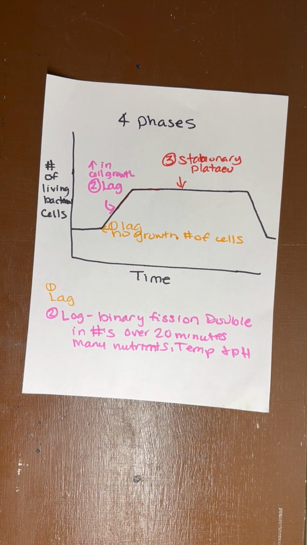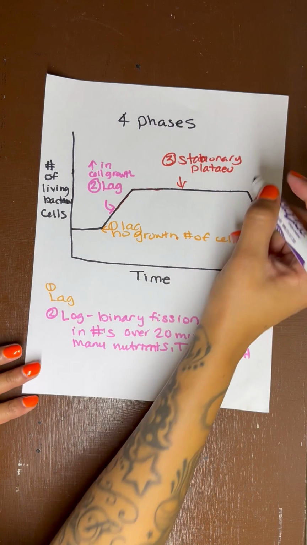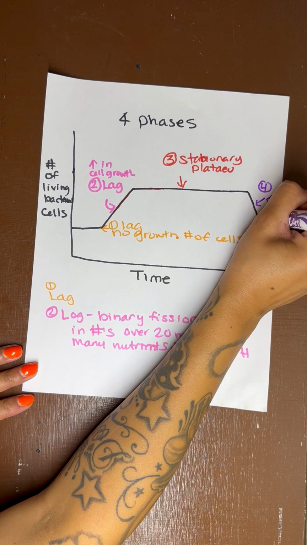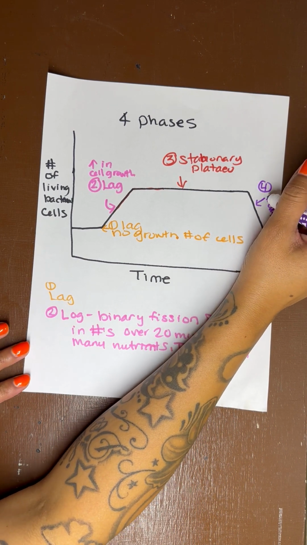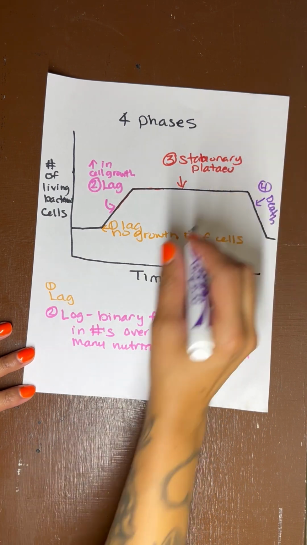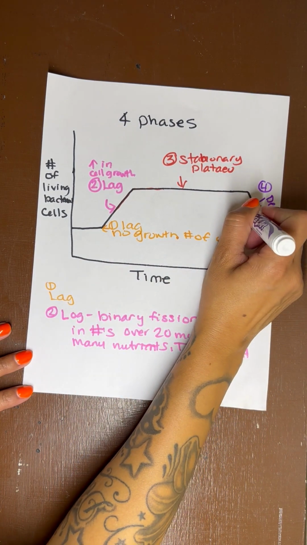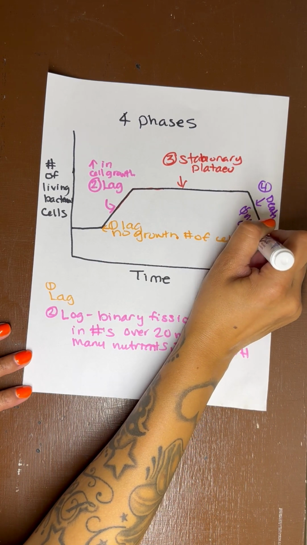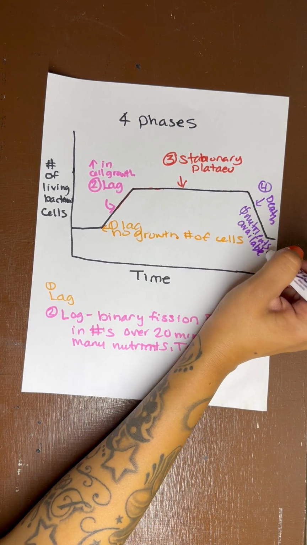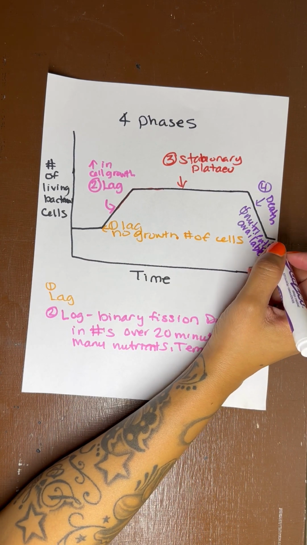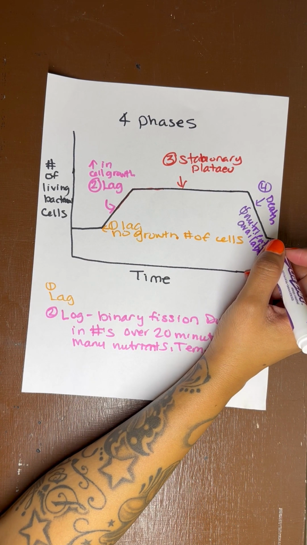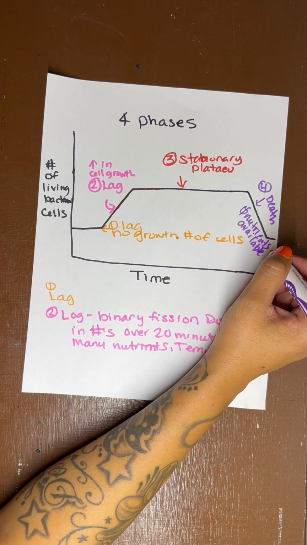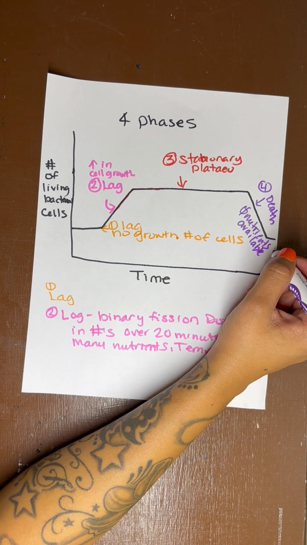Finally, we have the fourth stage, which is the death phase. And during this phase, there are no nutrients available for the cells to survive, causing the number of living cells to die in this phase.